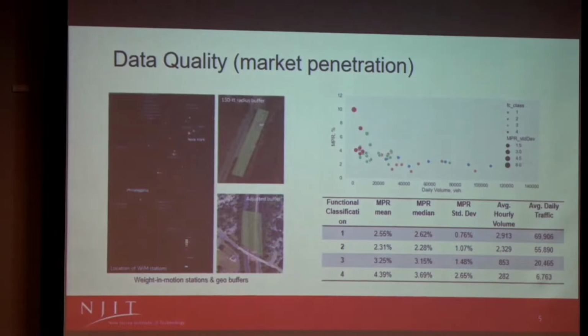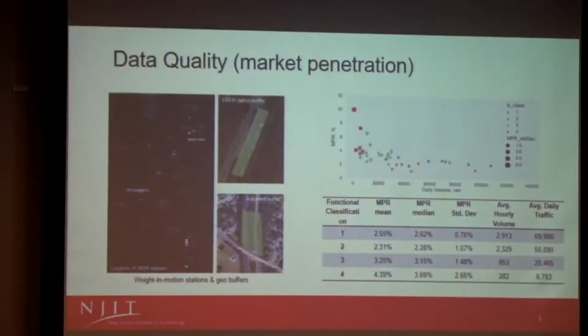To get that, we compared this data set with what we call ground truth obtained from WIMS stations spread throughout New Jersey. And as you see in the table here, depending on roadway functional classifications 1 through 4, which are defined in the WIMS station data set, it has 2.5 to 4.3% market penetration rate.